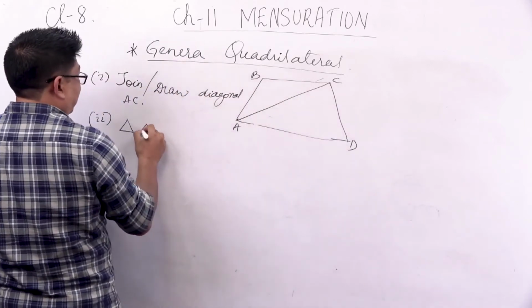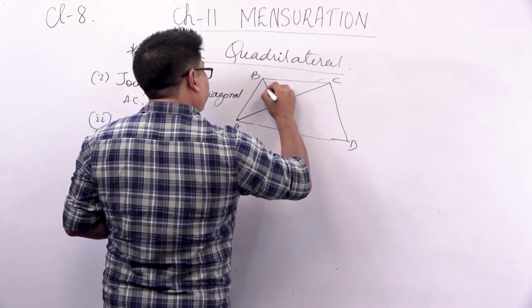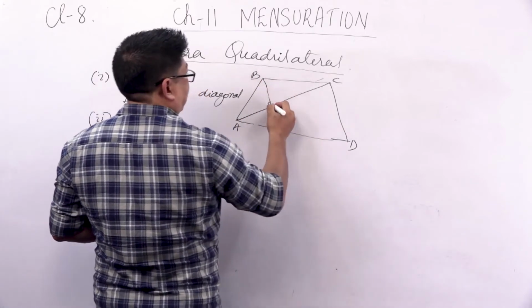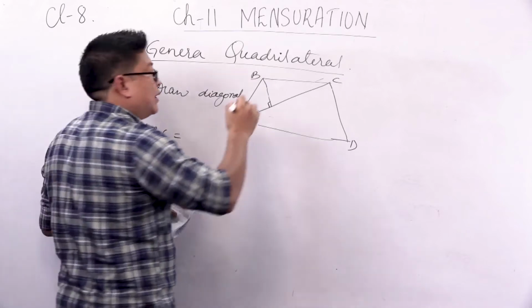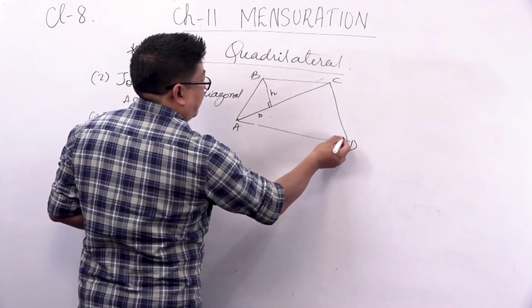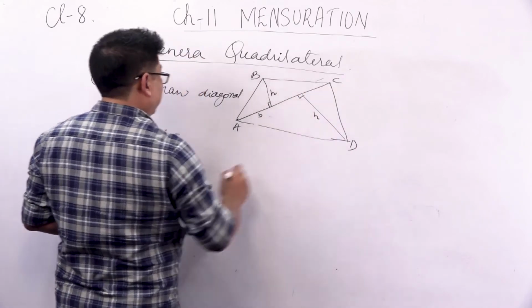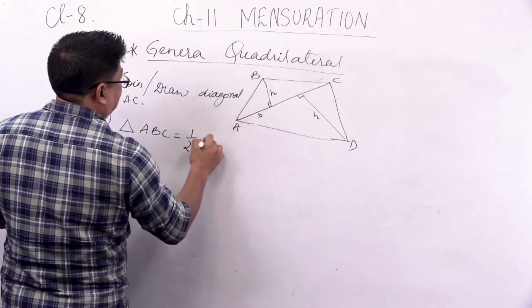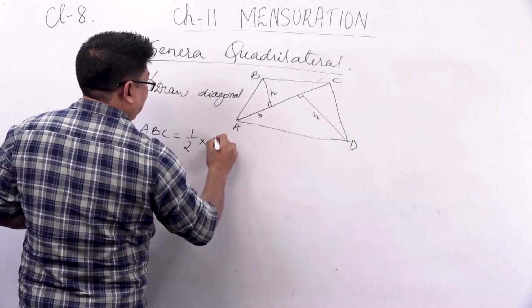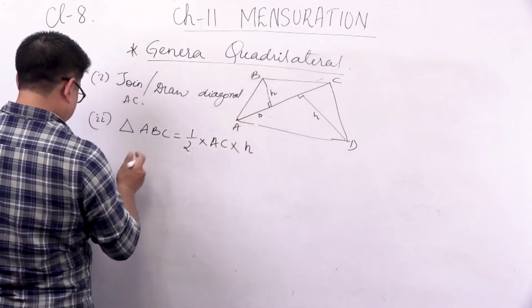Okay. Find the area for triangle ABC. Now to find this, I have to make a perpendicular first. This will give me the height and the base. Similarly for this, a perpendicular, this will give me the height and base. So half into base is AC into height, let's simply write height.